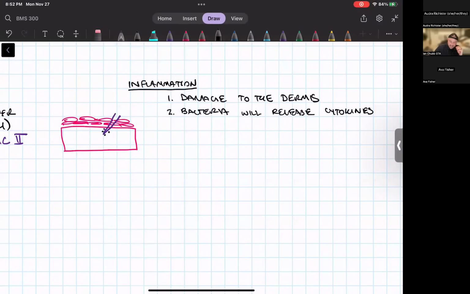But the other big thing is that our fibrocytes, which if you remember back to unit 1, are cells that live inside the dermis, will also release cytokines. Cytokines are signalers, so they'll go off into the bloodstream and signal things from the red bone marrow.